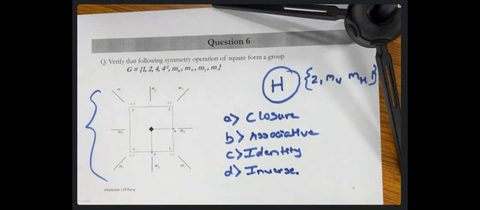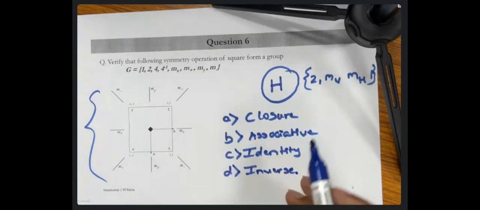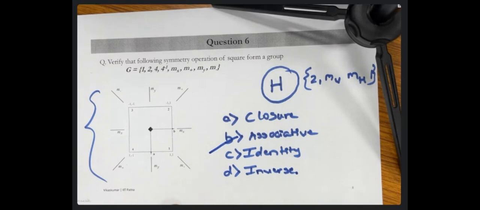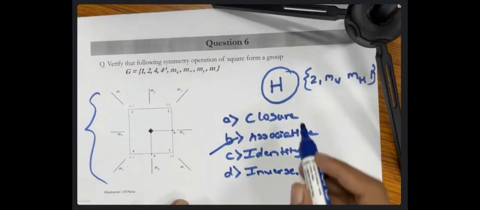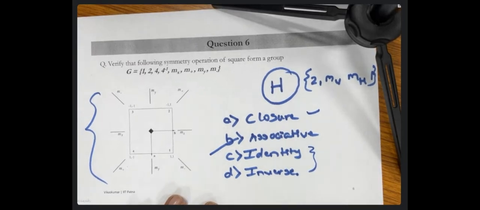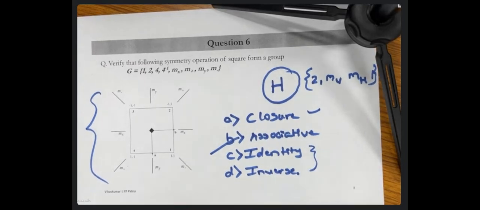So we'll start with the closure. See, associative, in all the symmetry operations, you will find that it will be associative. But once we find the closure, in the process we will know whether the identity is available or not, or whether the inverse is available or not to us. Okay.